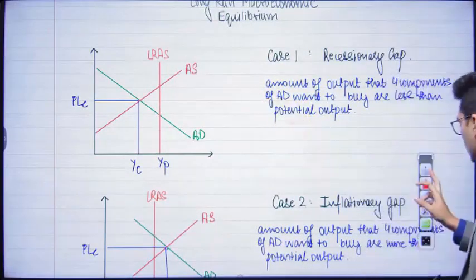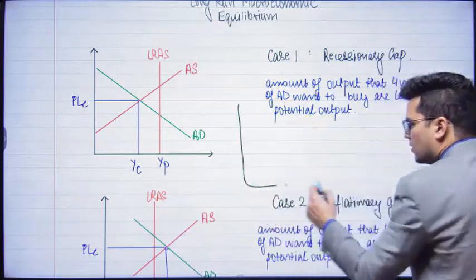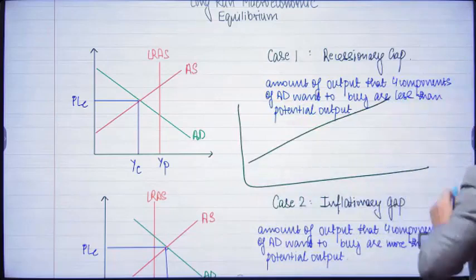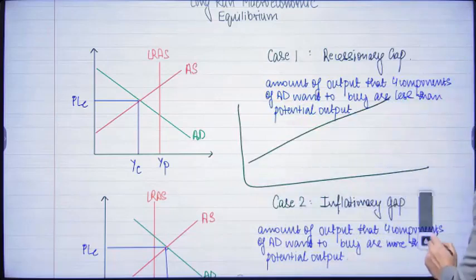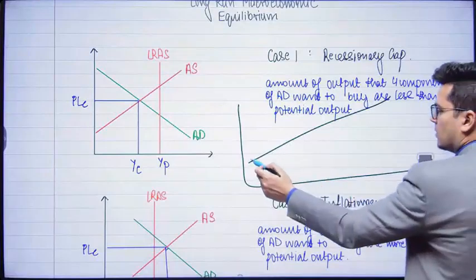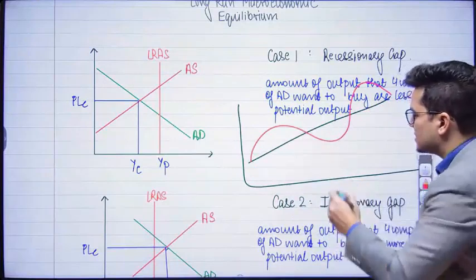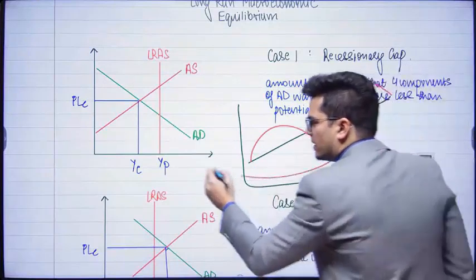अब अगर मैं वो दोनों ग्राफ साथ में बना दूंगा तो आपको समझ आ जाएंगे. You remember this sort of graph was there in the business cycle. अब इस टाइम पे ये यही ग्राफ है.